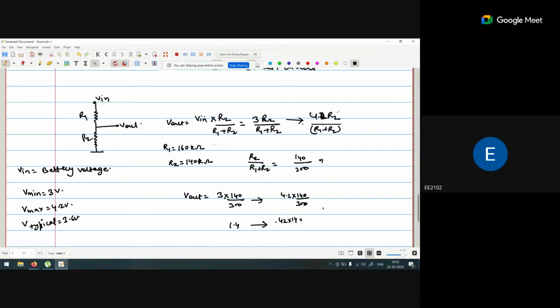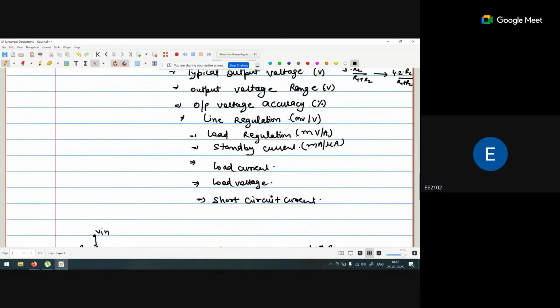What is the value of this one? 4.2 times 0.14 times 14. So it is 2.5. Okay.